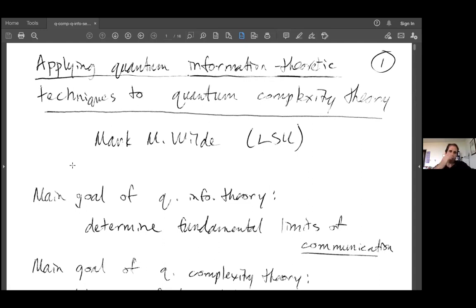So indeed, I'm going to be telling you my perspective on problems that I've contributed to in quantum complexity theory, coming to the field as a quantum information theorist. If you study quantum information theory, there are certain things that you learn and you know well, and then you start discovering that these concepts can be applied in different fields.